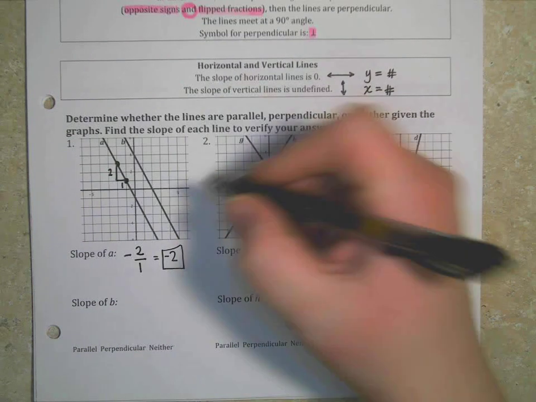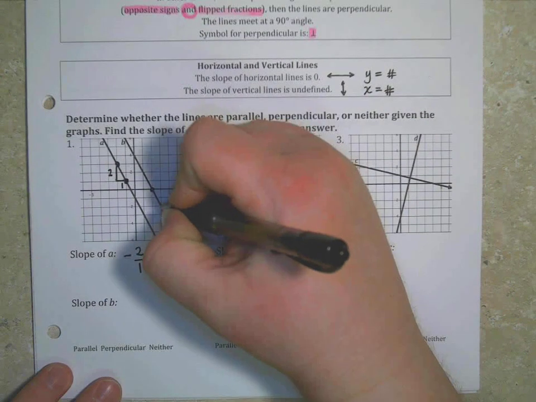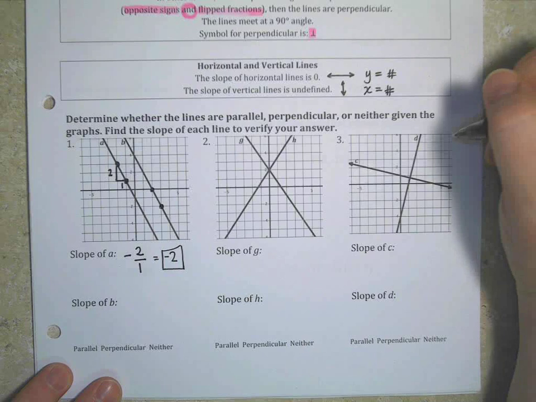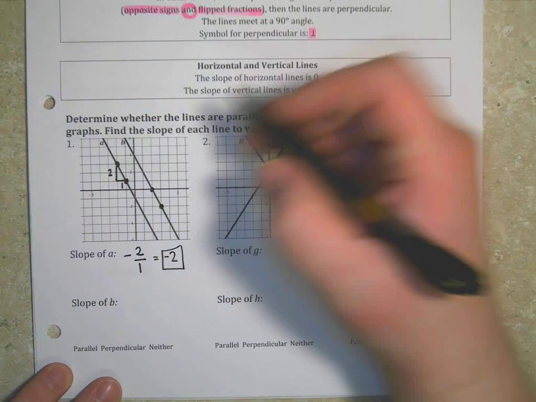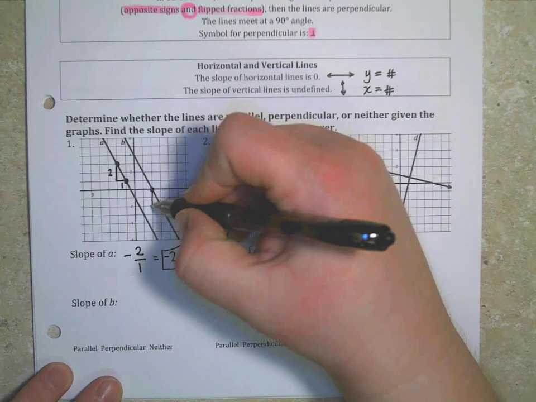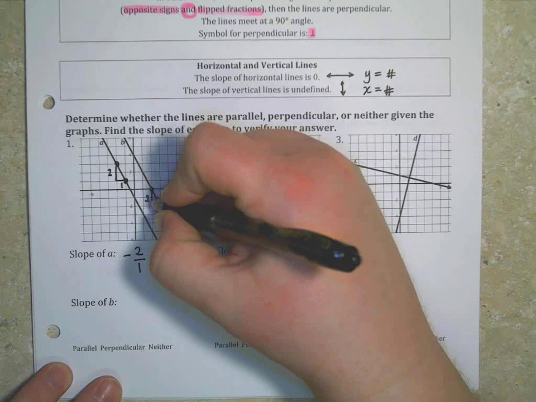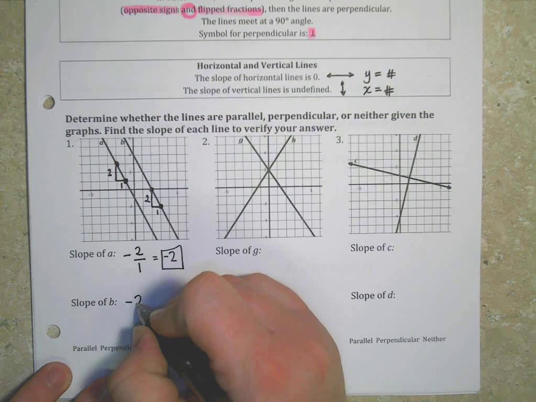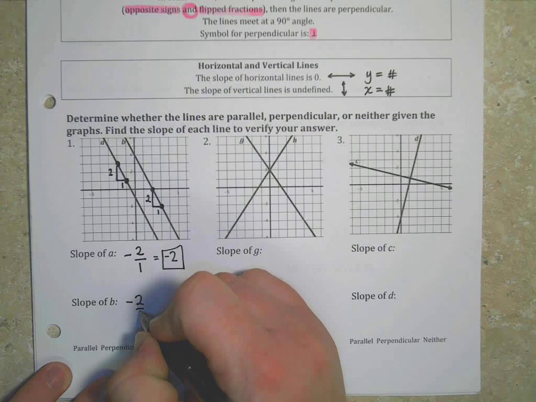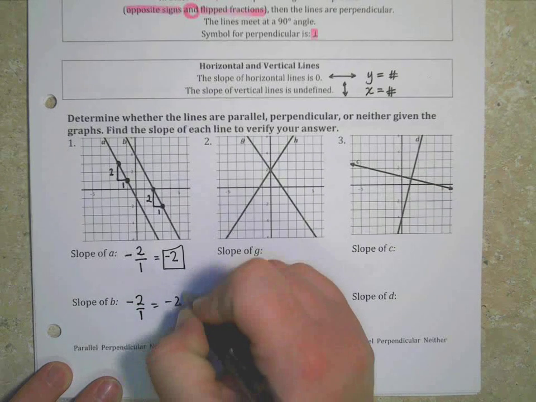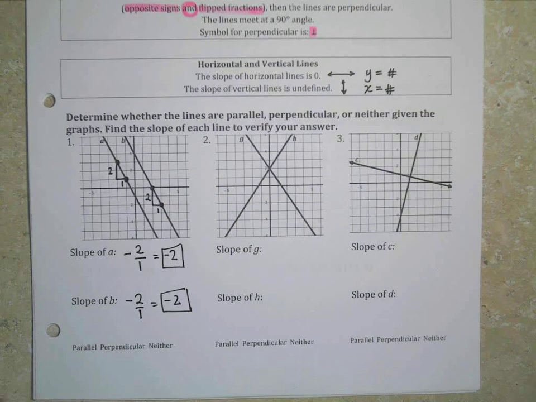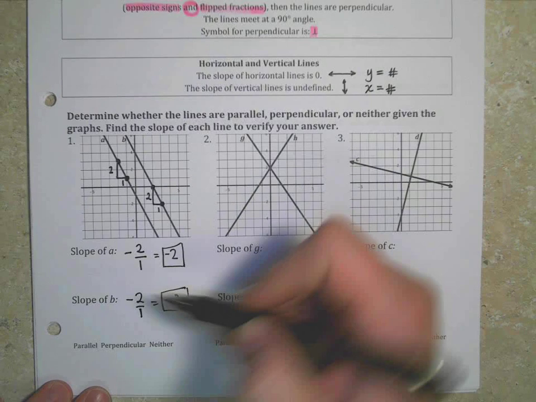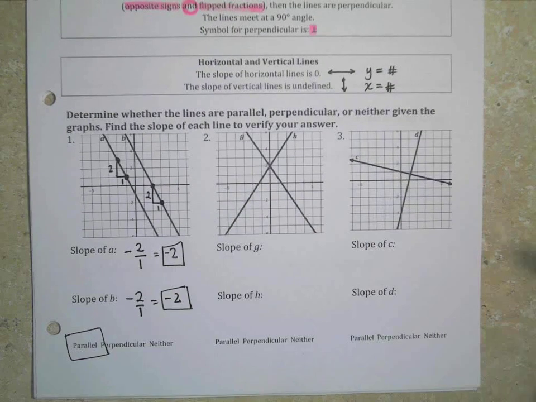Now we have to do the slope of B. And again, I said it doesn't really matter where we pick those points, so I'm going to pick 2 points on line B. Here we went down 2, right 1, so the slope again would be -2 over 1, which is -2. So because these are exactly the same, this makes these parallel.